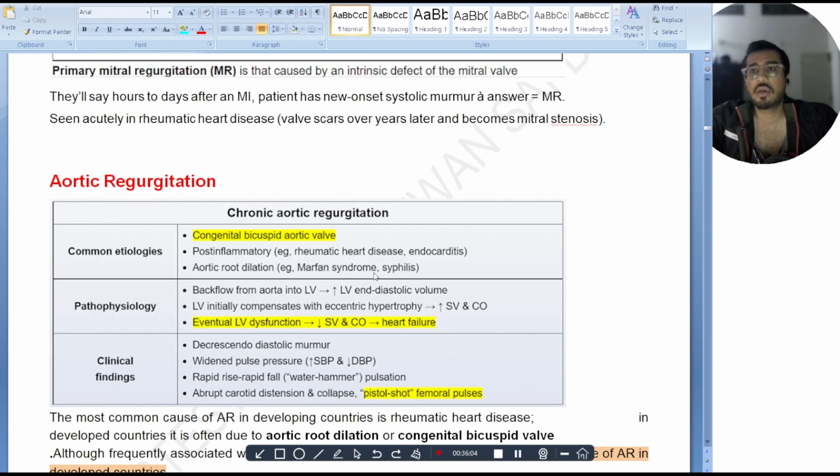If it's a child, the Marfanoid habitus won't be that prominent, or they may just mention that the person fell from the stairs, a really small trauma, and the person has dislocation of the lens, and you might think, oh my god, such a small trauma leading to dislocation.